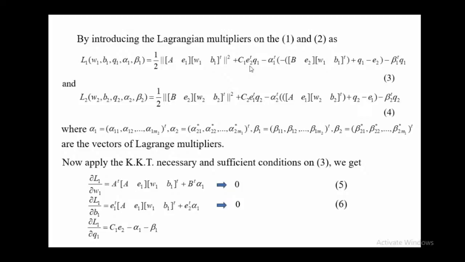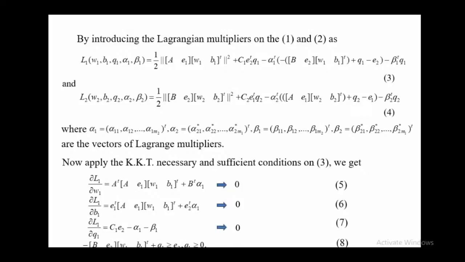And minus, obviously because we are doing this with respect to Q1, this particular term will be 0, but when you multiply this minus alpha 1 transpose with Q1, you get minus alpha 1 transpose Q1. So in this you get alpha 1, and here you get beta 1. Okay, so these are the KKT conditions. When you go through, you can write all the KKT conditions.